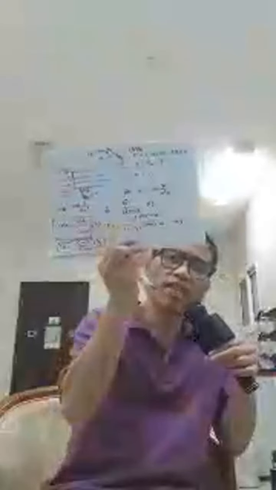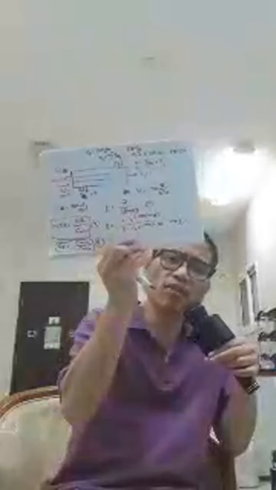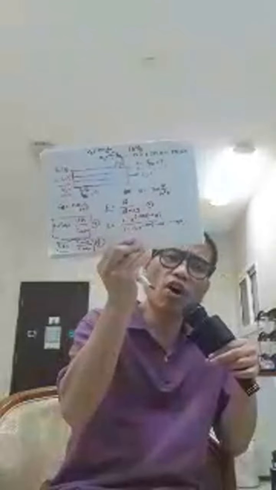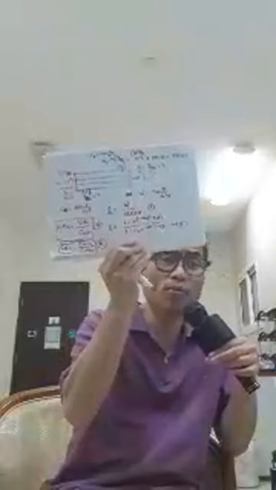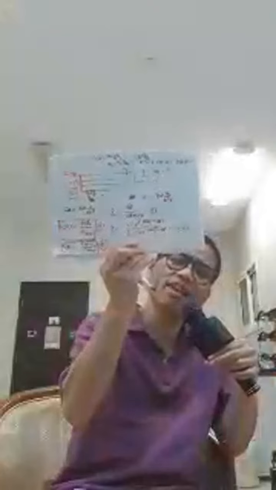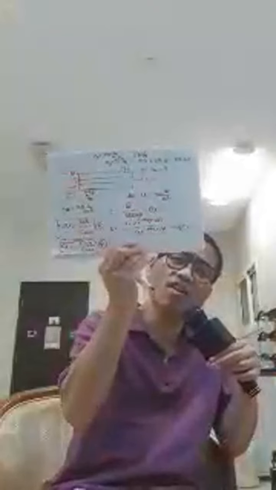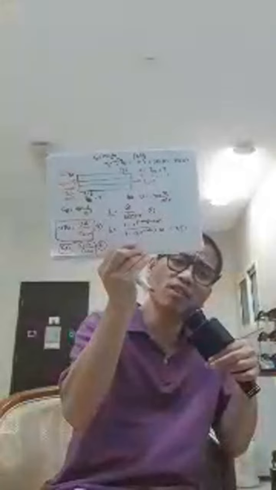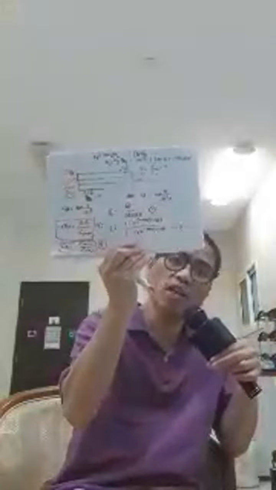We have a lot of equations now. CR is C min over C max, where C min is the overall heat capacity rate at the minimum side, and C max is at the maximum side. CR is simply the capacity ratio, that's why it is CR.